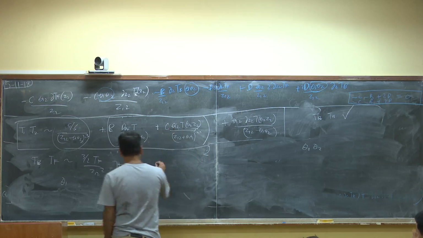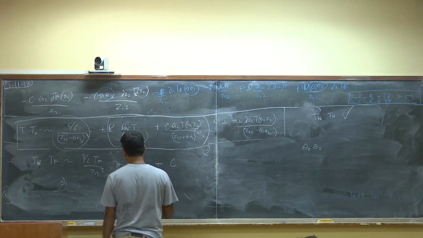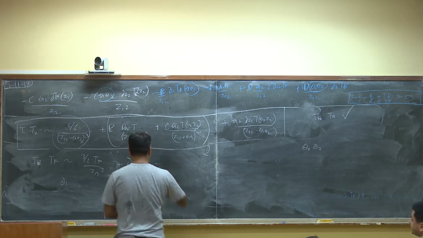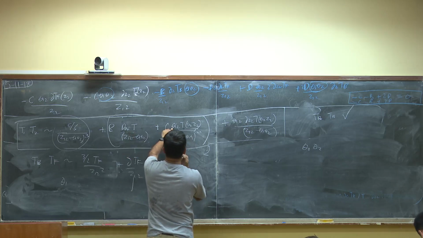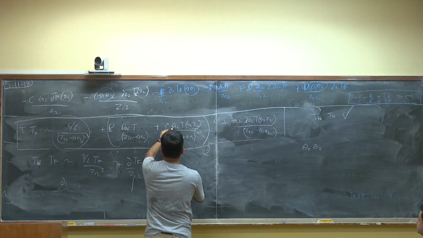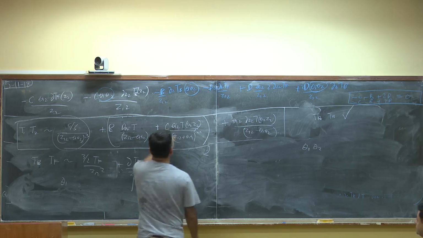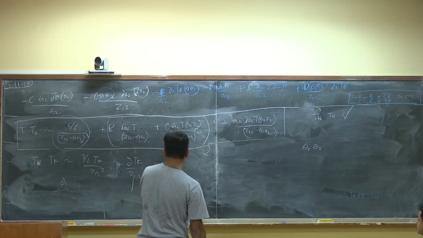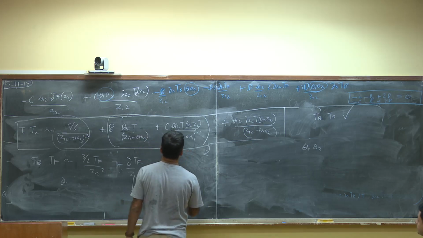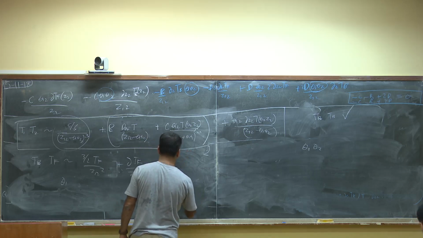TF. Okay, so plus C. So what do we get? We get C times TF over Z12 square.